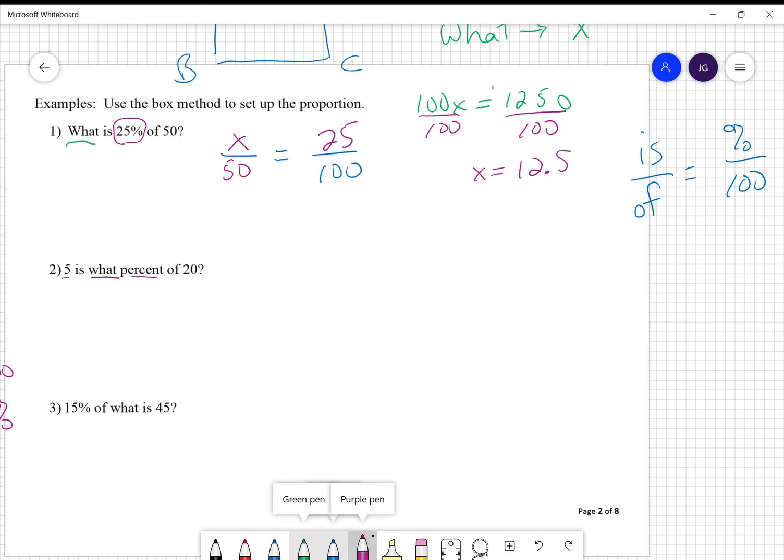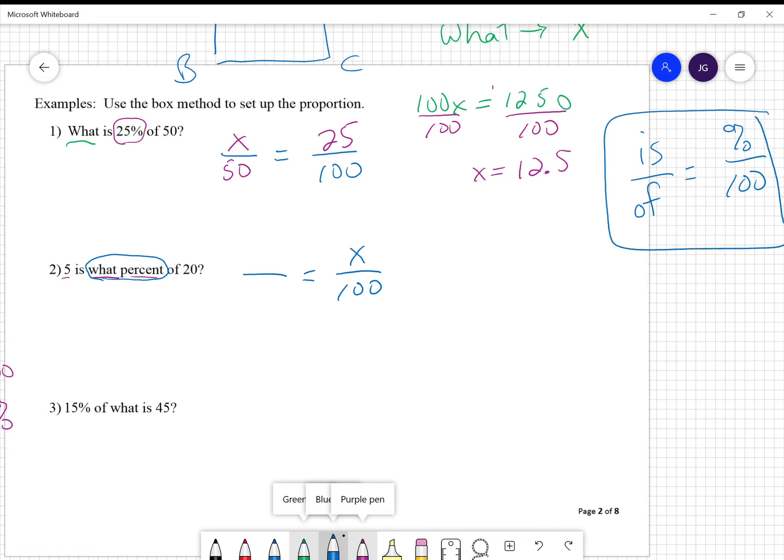For number 2, 100 bottom right. Now when I look for percent, it says what percent? So that's my blank. The percent number always goes above the 100. 5 is, so is 5 goes on top. Of 20 goes on the bottom.